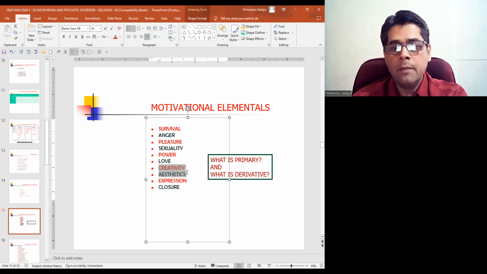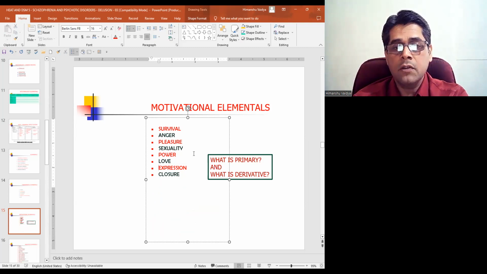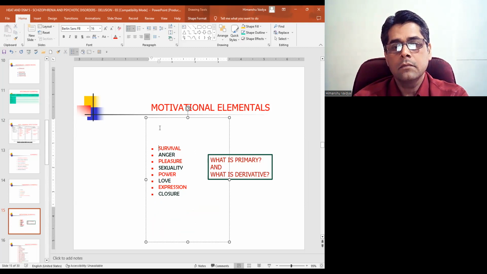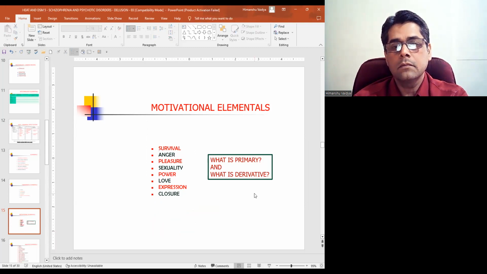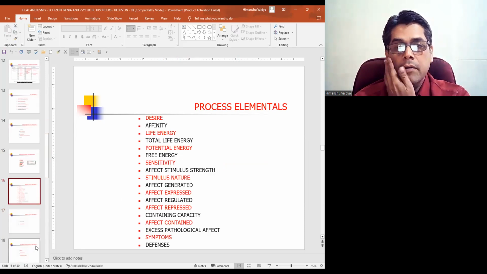We remove those elementals which are not the causal motivational elementals for the delusion. So these are some of the elementals at work, and we'll have to find out from the case which of these are primary, which are derivative.